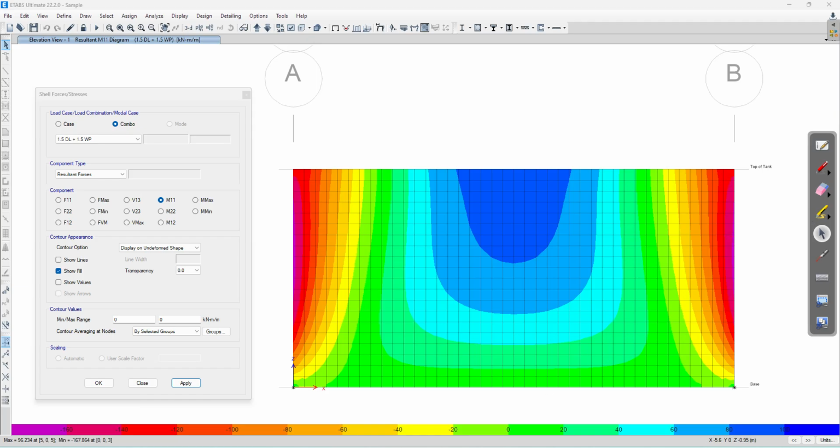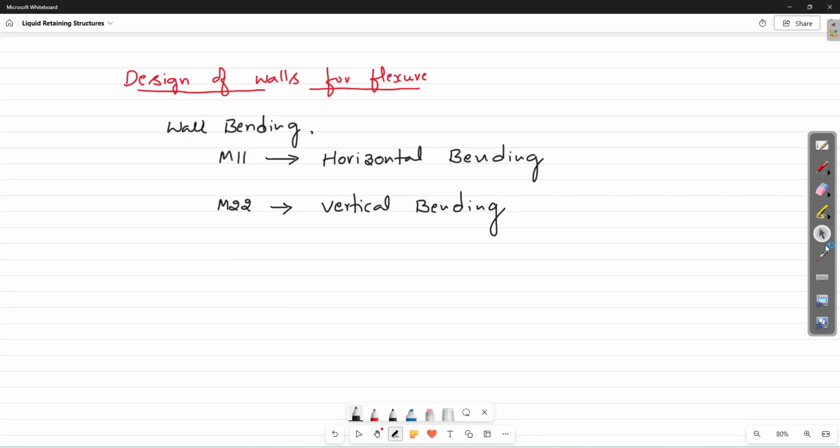See here. Your walls are designed as singly reinforced sections.